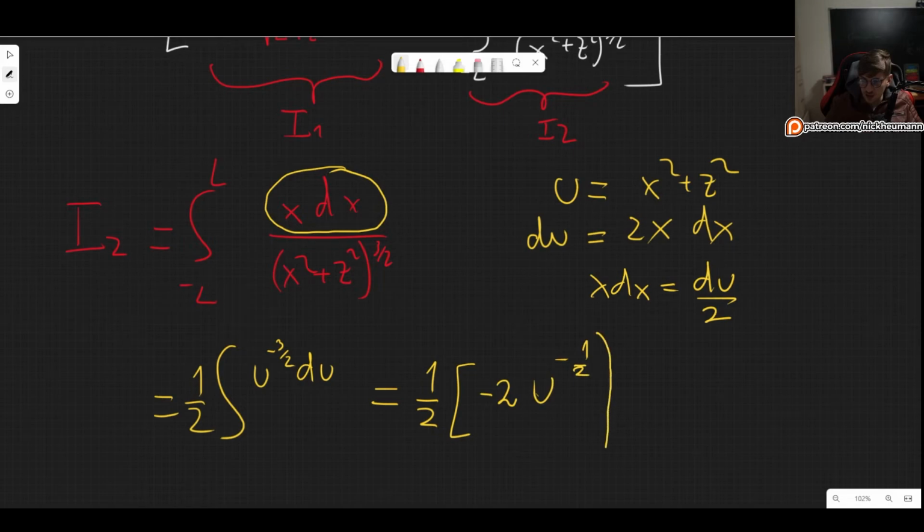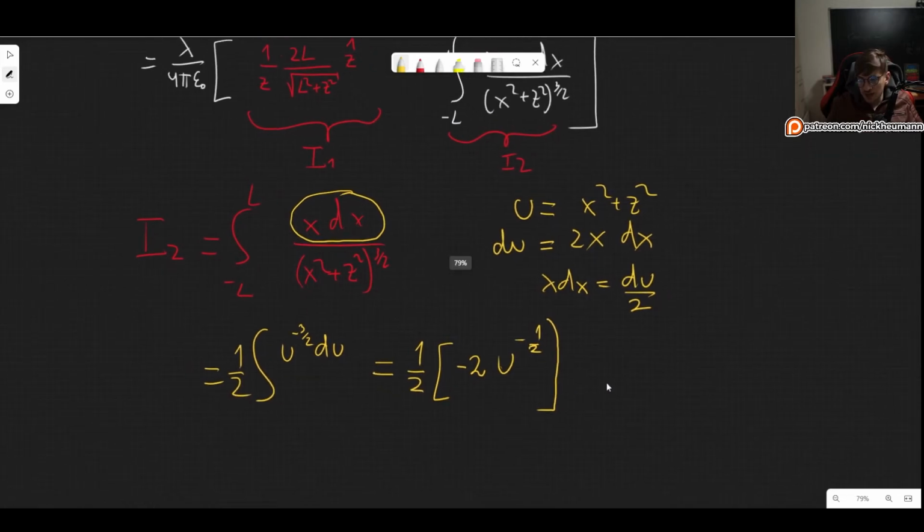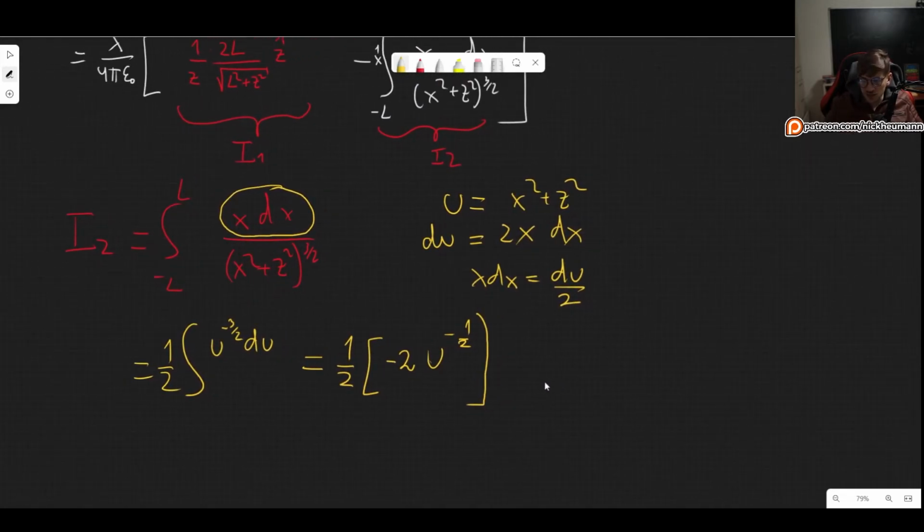Now let's just corroborate this. If I take the derivative, minus 1/2 comes out, they cancel out, and I end up with minus 1/2 minus 1, which is exactly that. Okay, so now we can undo the substitution and evaluate.